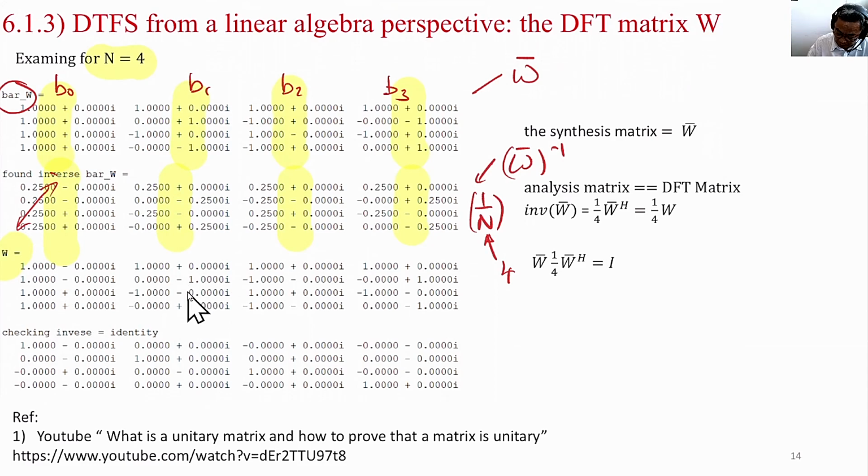So this is what we have found. The last line I would like to highlight is that W is almost a unitary matrix. It has orthogonal columns. Its inverse is the conjugate transpose of itself, and because the columns do not have norm of 1, we have to introduce a scaling factor of 1 over n.